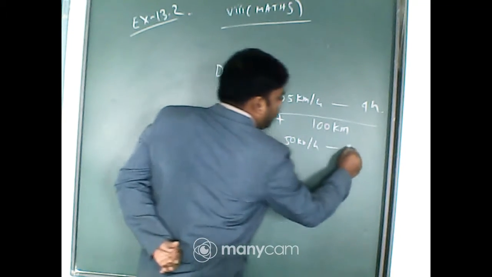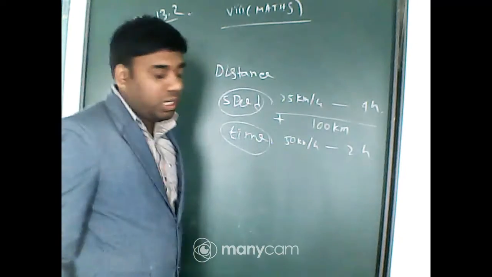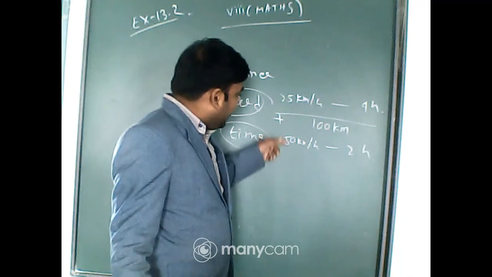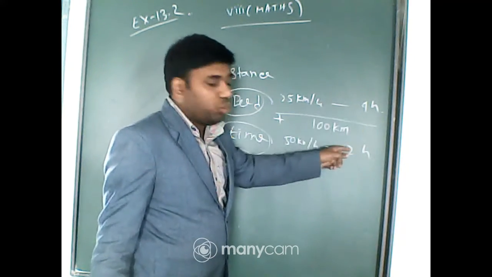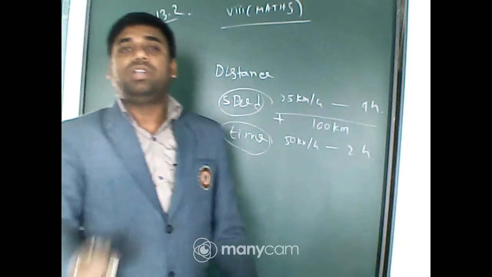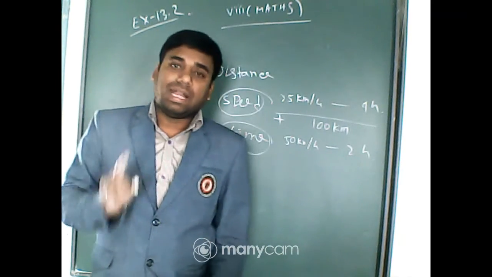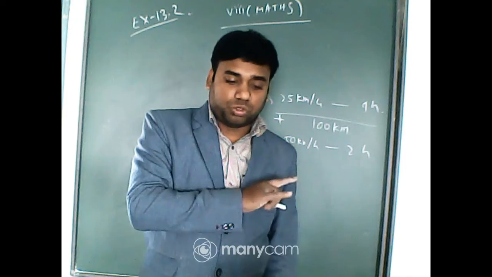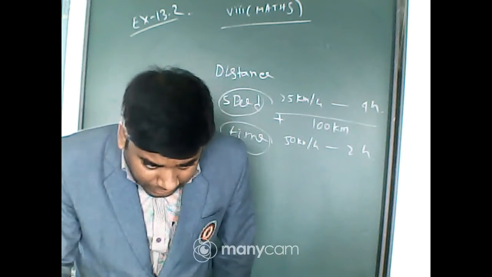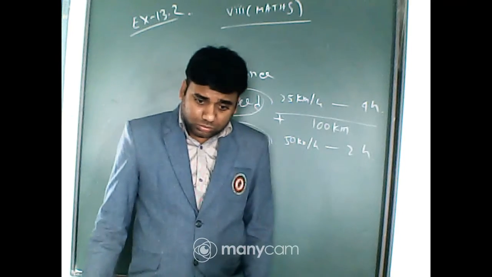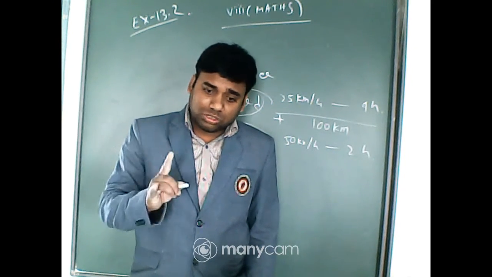So you need 2 hours to cover the 100 kilometers. So speed is increased, but time is decreased from 4 to 2. That type of relation is called inverse relation, and the variables are inversely proportional. Got it, everyone? It is clear, that inverse proportion concept is clear.